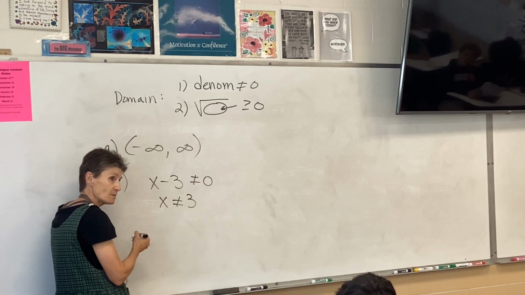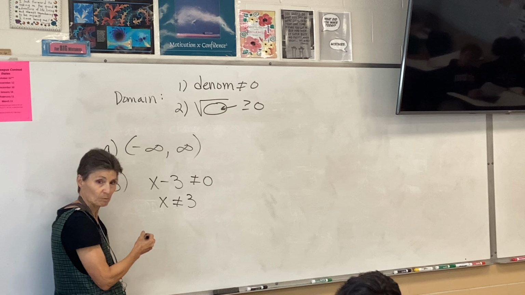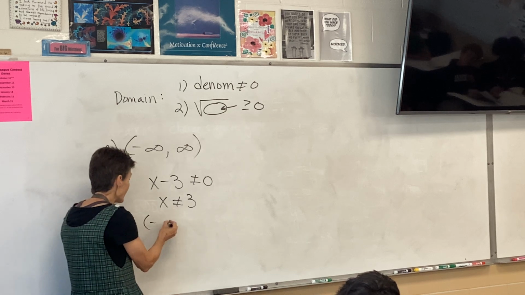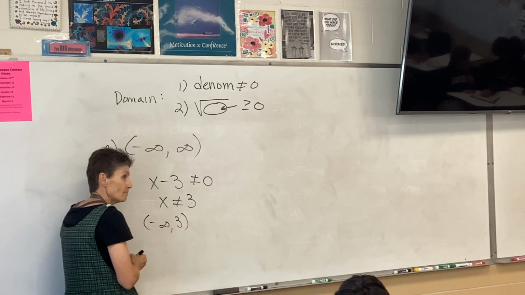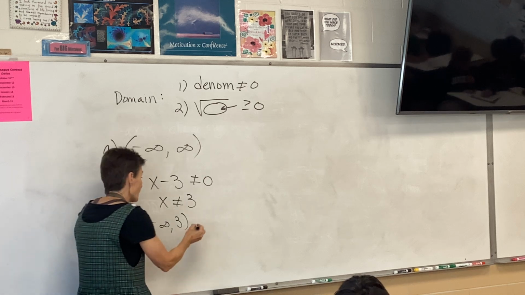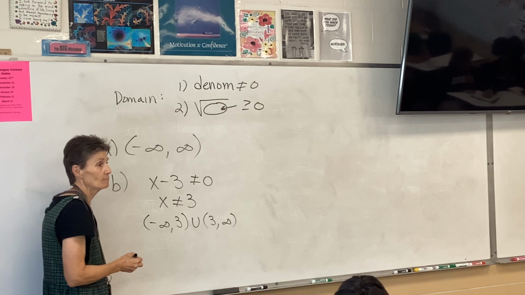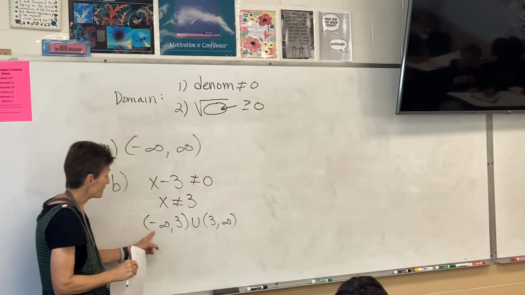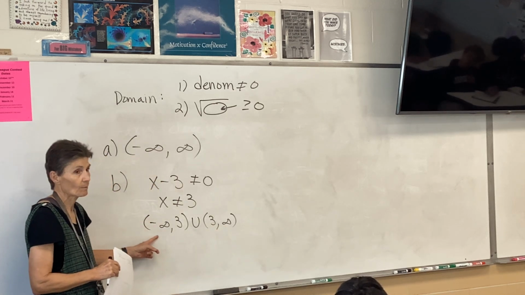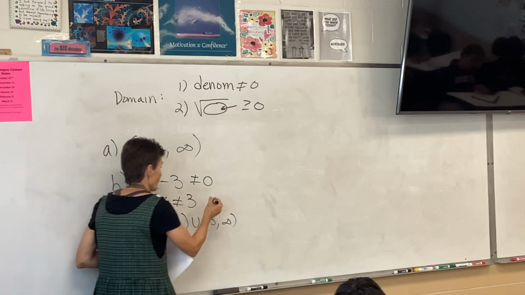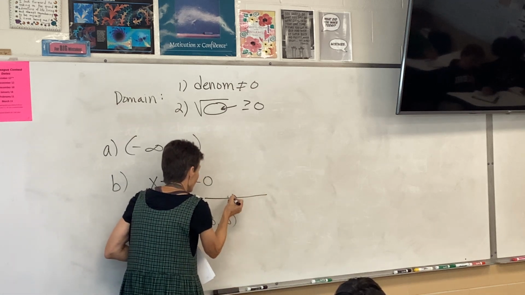So what's my answer? Everything except 3. So that would be negative infinity to 3, and then 3 to infinity. Now I know that's kind of a lot to write, but that's how you have to write it. On the number line, it would look like this, right?